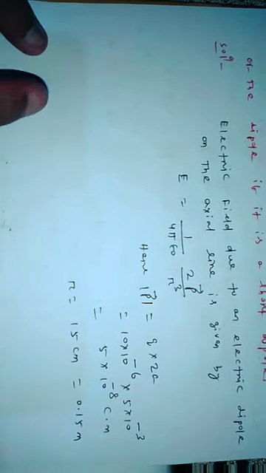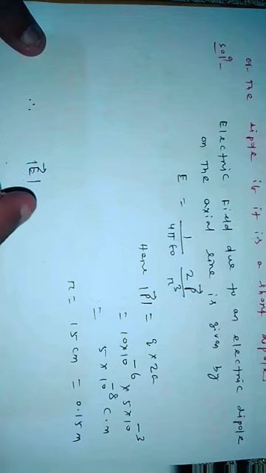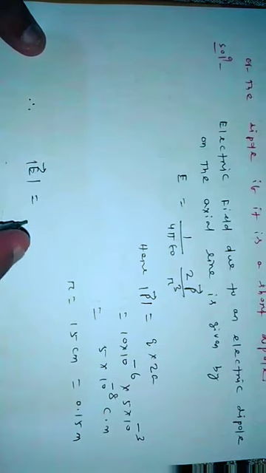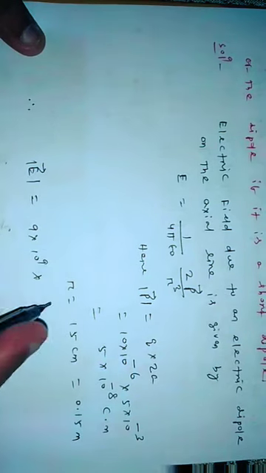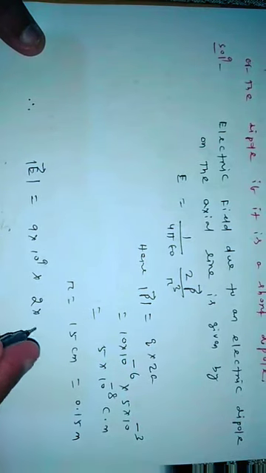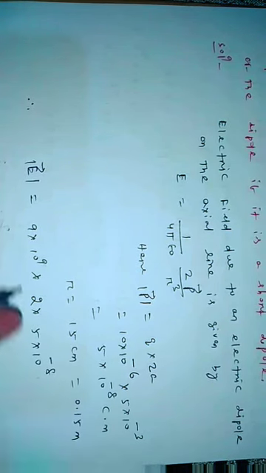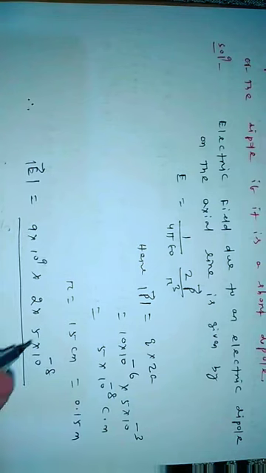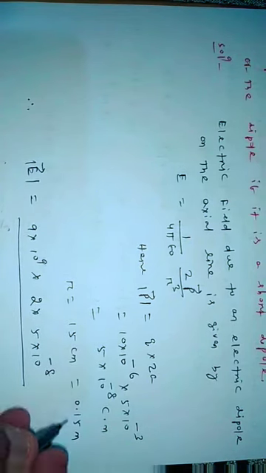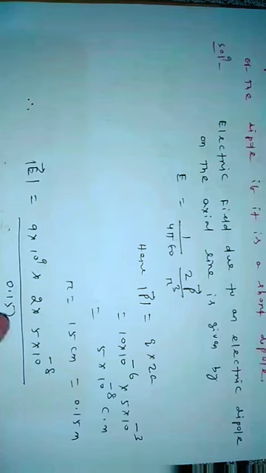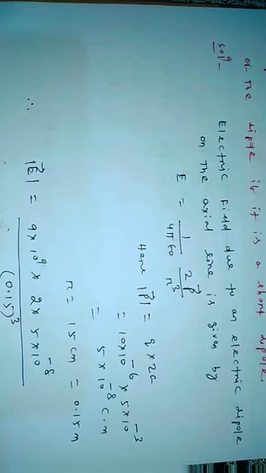Okay. Therefore, E equal to 1 by 4 pi epsilon 0. So 9 into 10 to the 9 into 2 into P equal to 5 into 10 to the minus 8, divided by r cube, r cube equal to 0.15 cube.